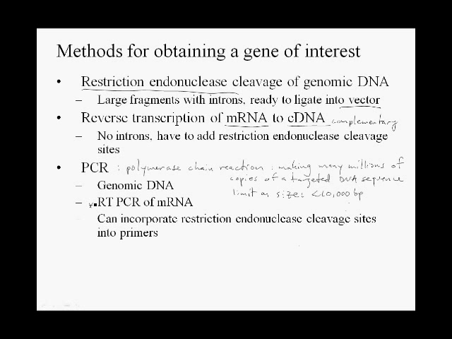However, we could start with messenger RNA, and then use reverse transcriptase to first make a cDNA, and then do PCR amplification of the cDNA. And we can incorporate restriction endonuclease cleavage sites into our PCR primers.